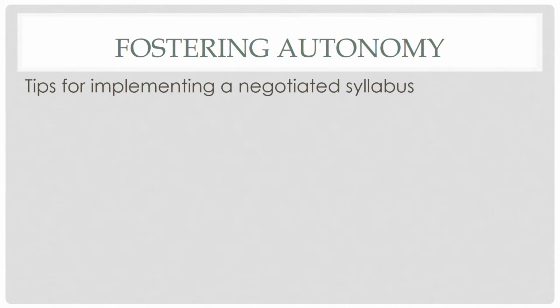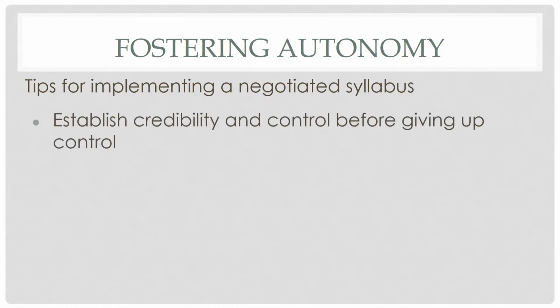Some tips for implementing a negotiated syllabus. First and foremost, we need to establish credibility and control before giving up control. This is one of the many Zen paradoxes of teaching, and maybe of life. But what's important here is that it's a good idea to wait a few weeks before opening up these discussions.